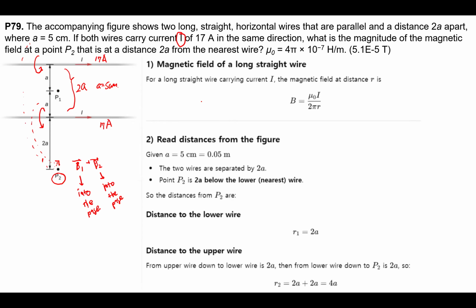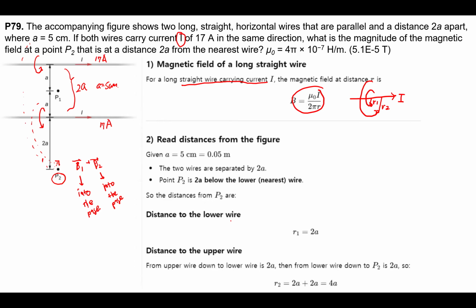So we know the magnetic field generated by the straight wire carrying current I is given by this one. And the direction is, if there's a current I, it's going to be like this, depending on R1, R2.